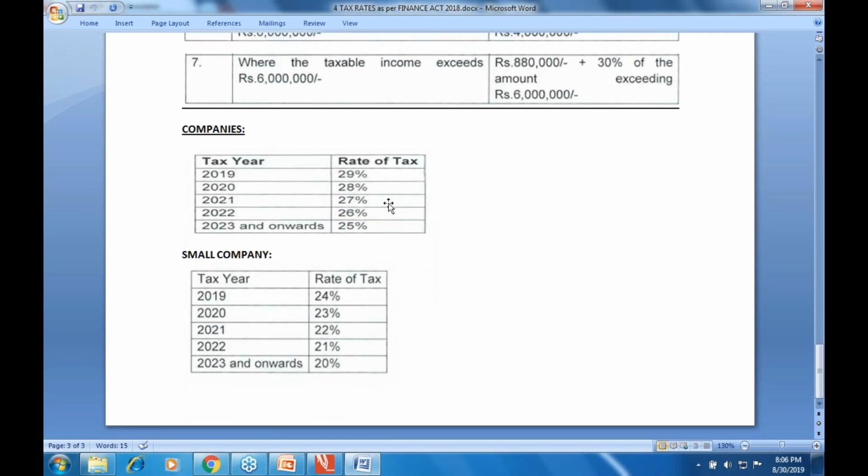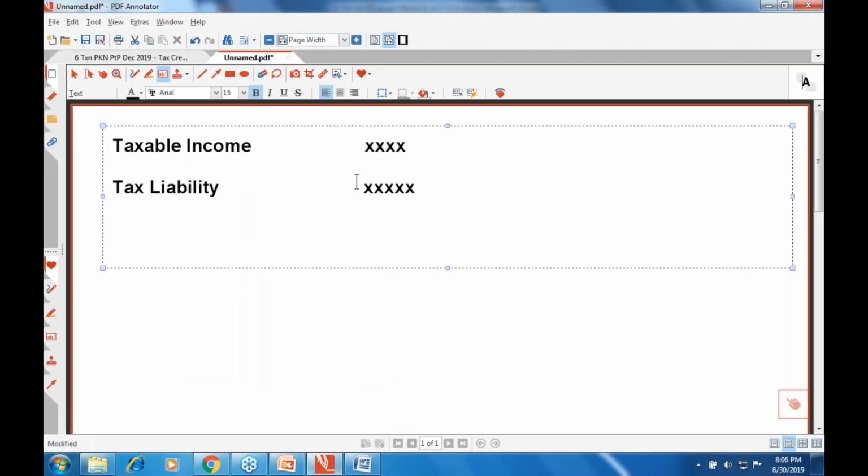Different tax rates are applicable on companies, etc. So we compute the taxable income, and once we have computed it, we calculate the tax liability by applying an appropriate tax rate depending upon what type of person you are.